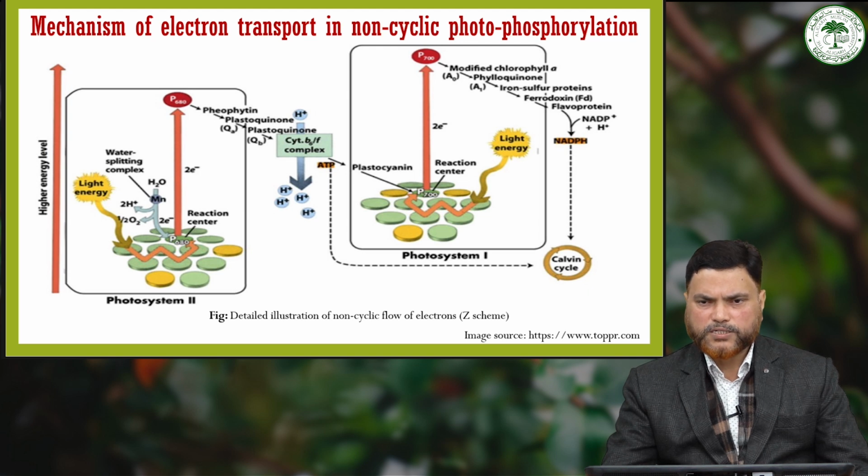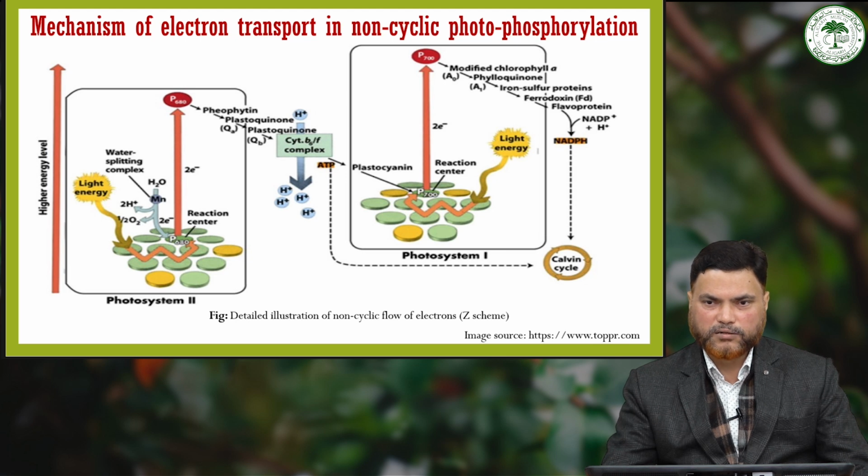So, what happens during this electron transport chain? The electron moves from a higher to a lower energy level, thus it releases energy in the process. Once an electron has completed the first part of the electron transport chain and reaches photosystem 1, it combines with a chlorophyll A special pair called P700.